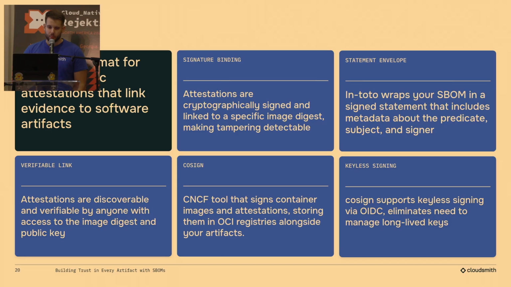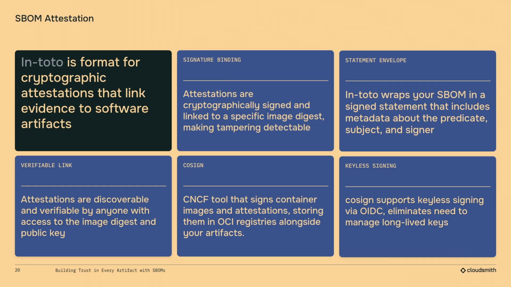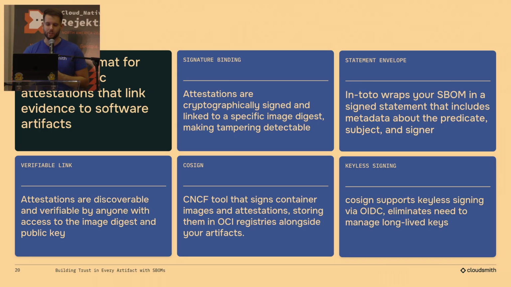And, okay, yes, before the workflow, what is the attestation and how does it work? in-toto is one of the frameworks for actually creating these cryptographic attestations. And it basically creates that link, that evidence, to the software artifact that you are defining. And like I said, an attestation is basically a cryptographically signed document linked to a specific image digest.